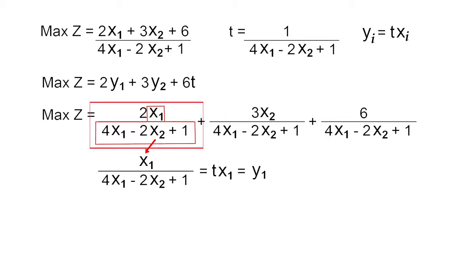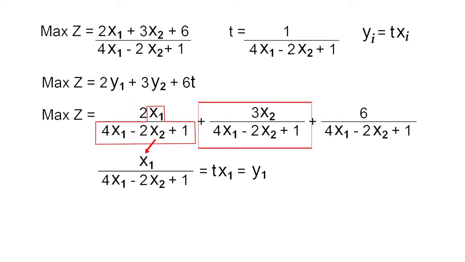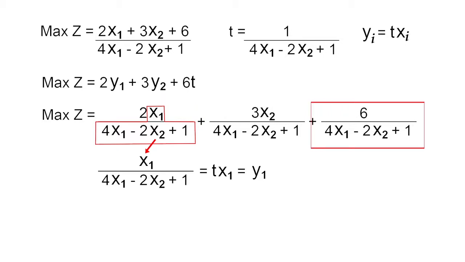Therefore, the first term can be rewritten as 2y sub 1. The second term can be rewritten as 3y sub 2. And the last term of the objective function can be rewritten as 6t.